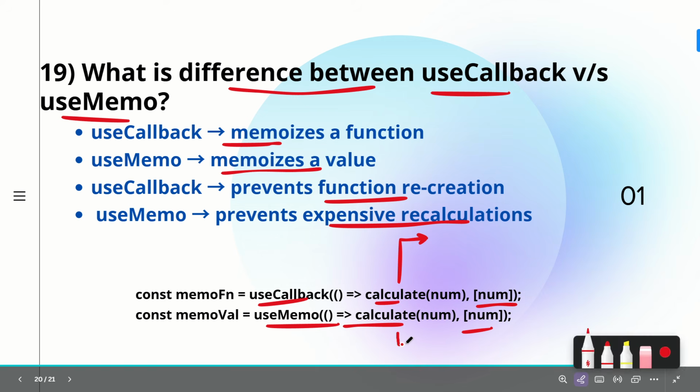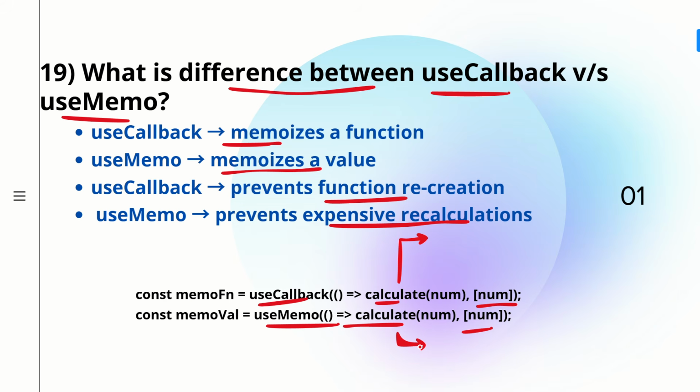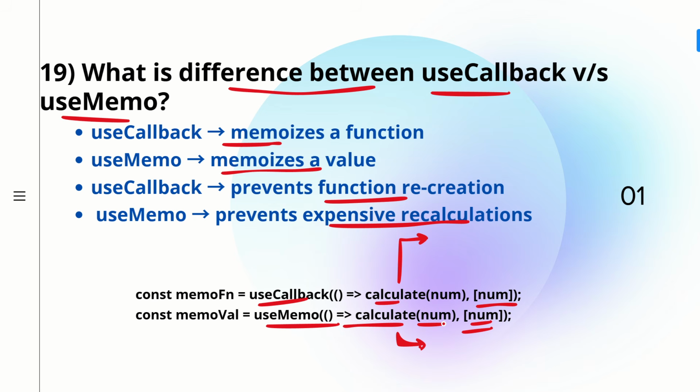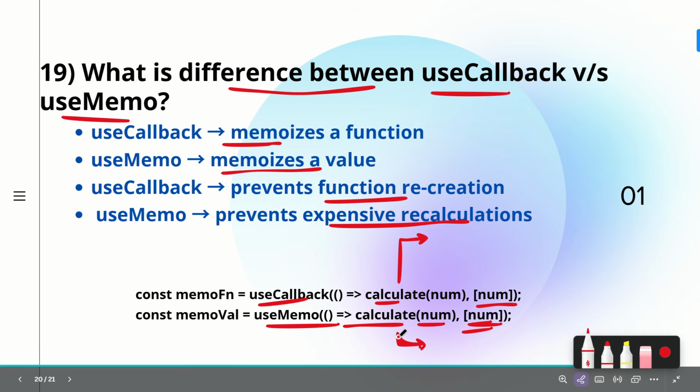Similarly, suppose there is some function called calculate, and it is performing a very expensive calculation which might add lag to your application. Then there is no need of recalculating it again and again in case nums is not changing. So suppose based upon nums it has to do some kind of expensive calculation, there is no need of doing it again and again. In case this changes, then only recalculate, else it is going to cache your value.